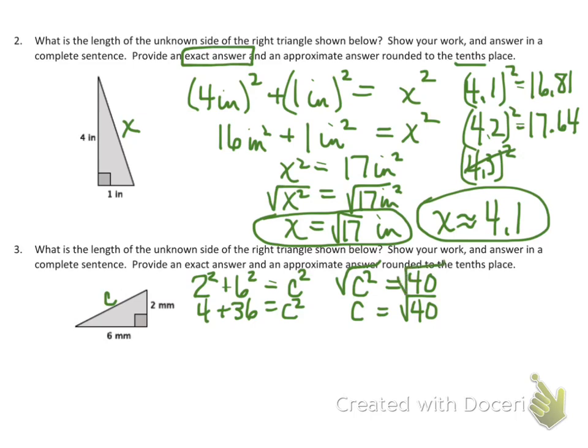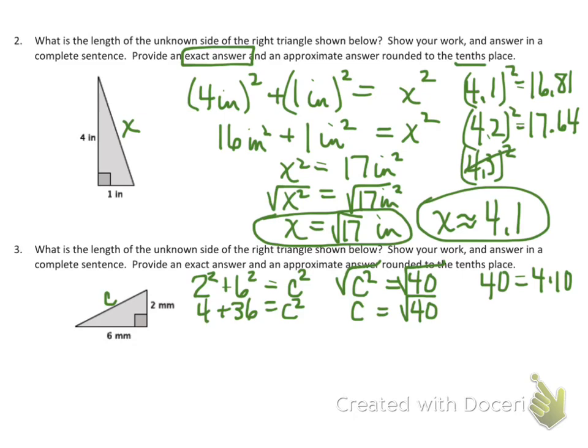All right, so remember in simplifying these radicals, we want to take out any perfect square factors. And so we can kind of see in this one, because 40 is equal to 4 times 10, that's a perfect square there.